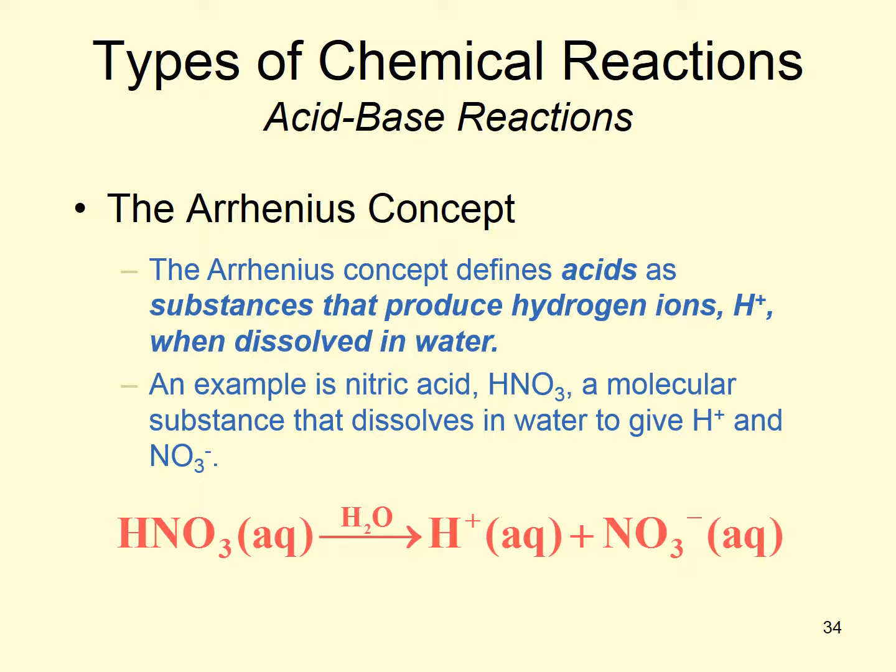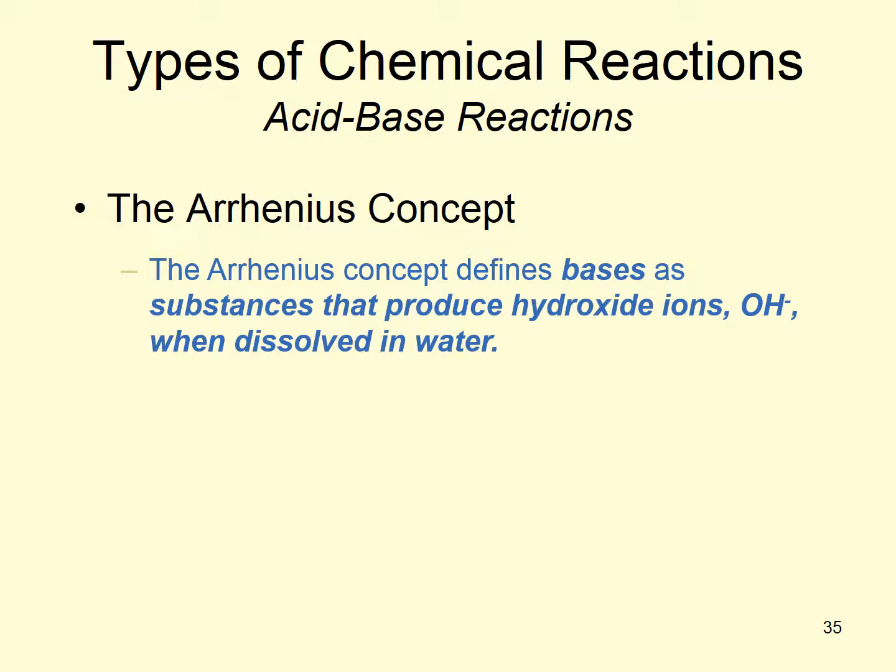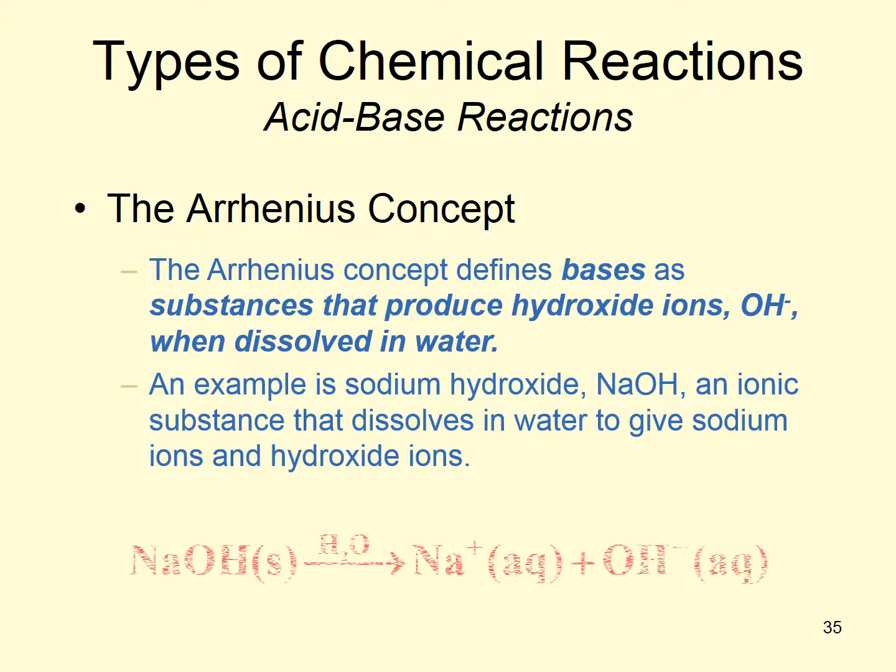Here in this equation, when nitric acid dissolves in water, the H plus breaks apart from the NO3 negative, and so we have produced an H plus ion. An Arrhenius base, then, is something that, when dissolved in water, produces hydroxide ions, or OH negative ions. So, for example, sodium hydroxide, when it dissolves in water, breaks apart to give us the sodium ion and the hydroxide ion. So, sodium hydroxide is a base.